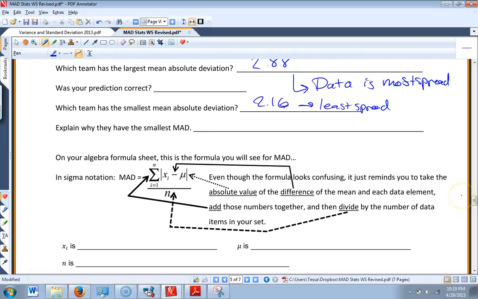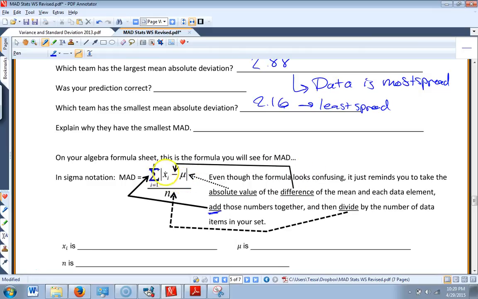All right, so here's the formula that you're given on your formula sheet. So if you want to flip to your formula sheet, or you can look at, actually leave it on this page because it looks the same in both places. Okay, so this little dude here, that means the sum, okay? Add those together. So let's work from the inside out, okay? So xi means each element of the data set, subtract the mean from it, okay?